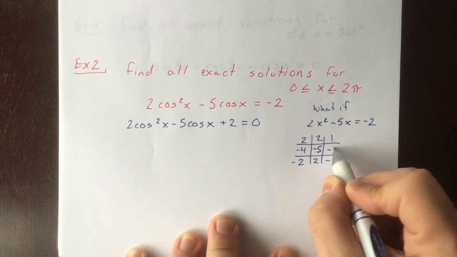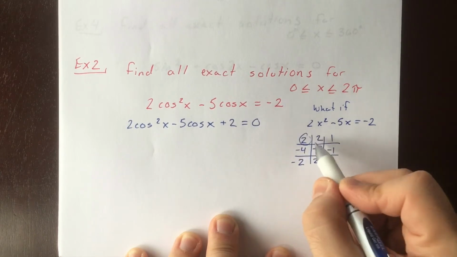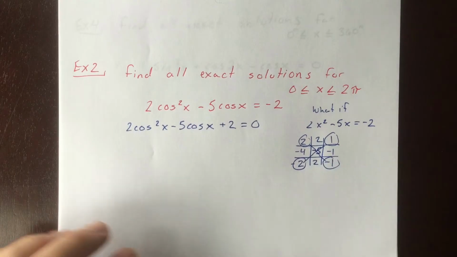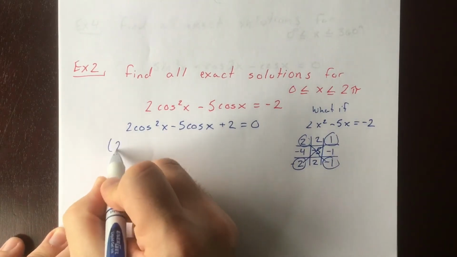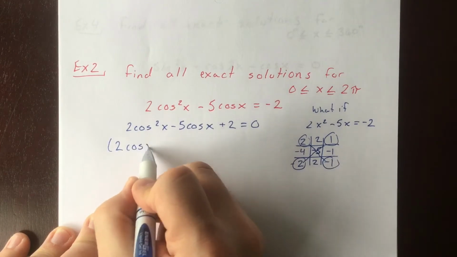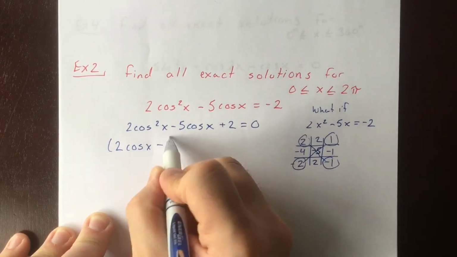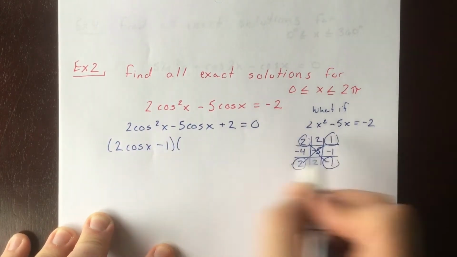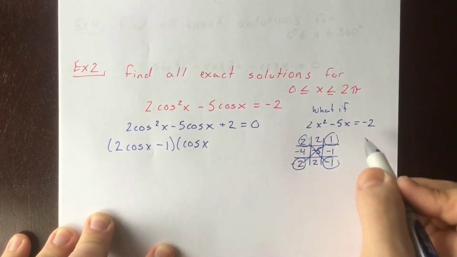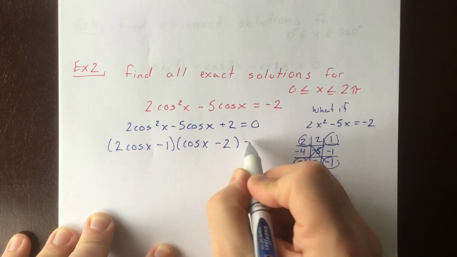That works for us. So our factors are 2 cosine of x minus 1, and then cosine of x minus 2.